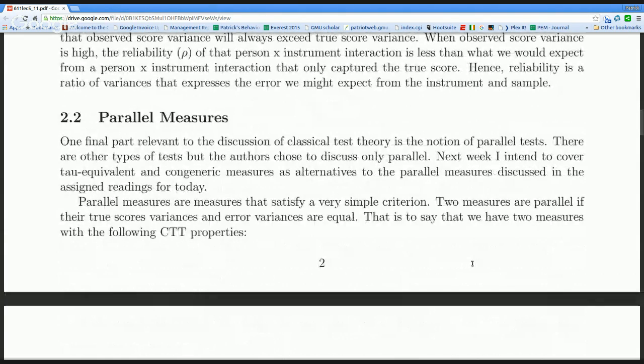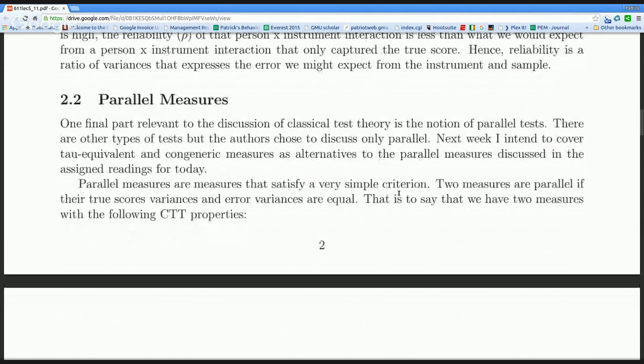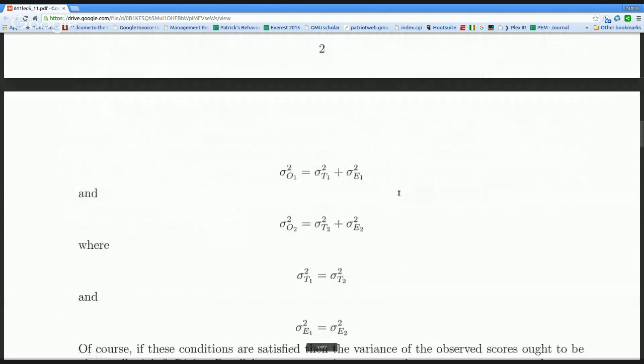Next, to expand the idea of reliability, and really to get you to understand what reliability means, the Green Book, but also many other psychometric texts, lead with this very standard way of thinking about classical test theory, and it begins with parallel measures. So what we want to know is always the true score variance, simply because if we understand the true score variance, we're always going to be able to estimate the observed score variability.